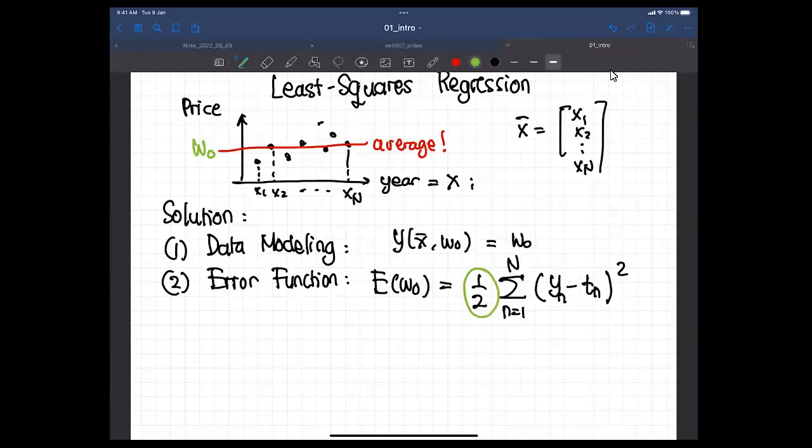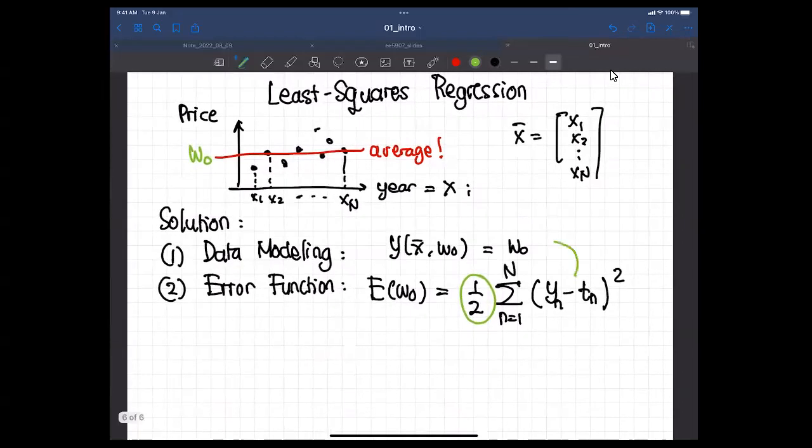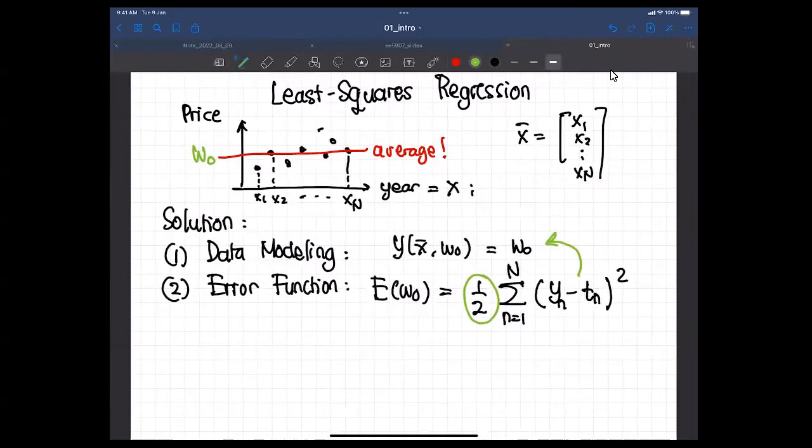And yn is defined as w0, regardless of the index n. So I can change this into w0. So that's the error function that you have: w0 minus tn, squared.